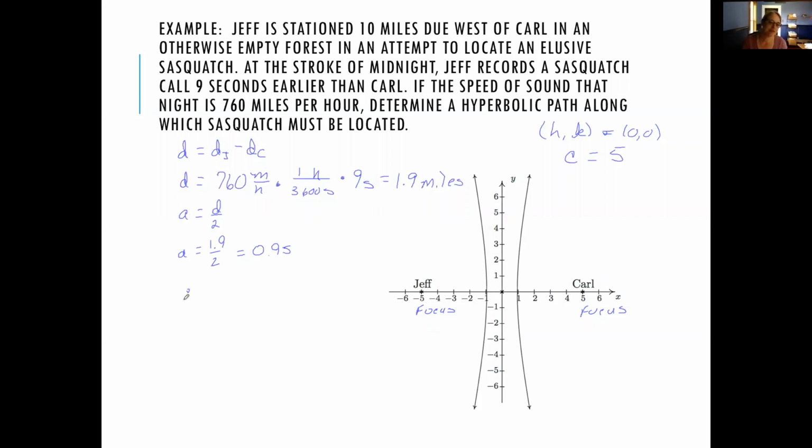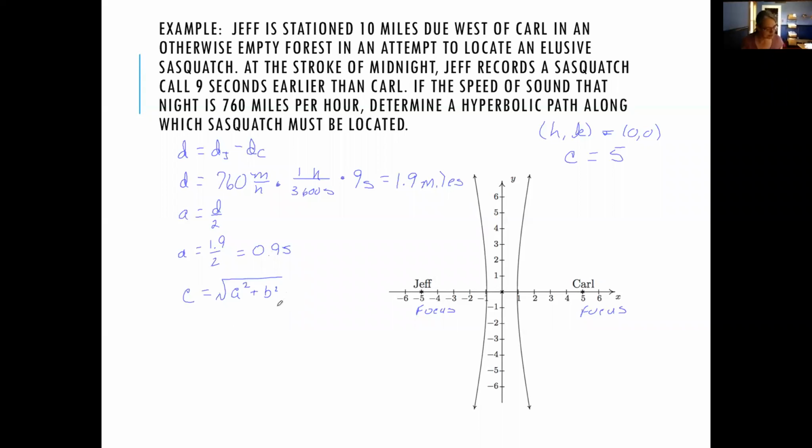Remember that c equals the square root of a squared plus b squared. So we can find b. We know c, we know a.